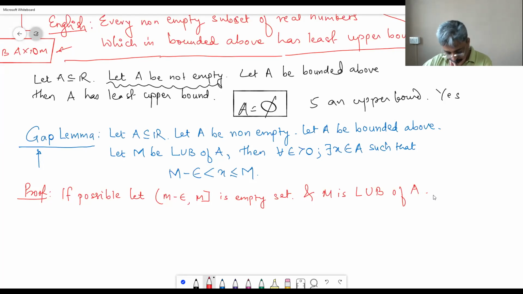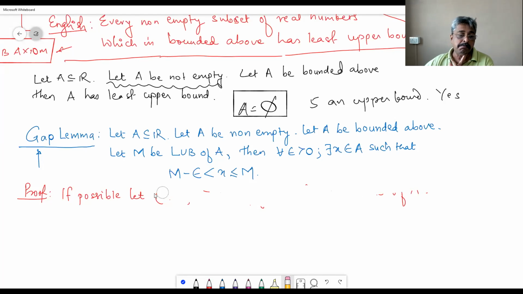Yes. Okay, shall I write it again? If possible, let the interval (M minus epsilon, M] intersection A be empty. Statement number 1.